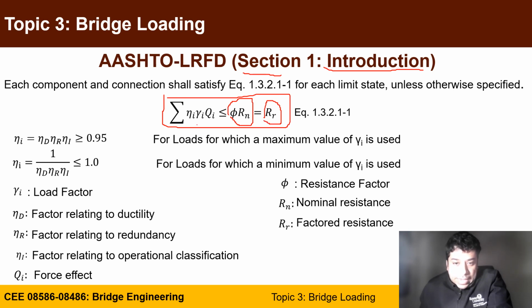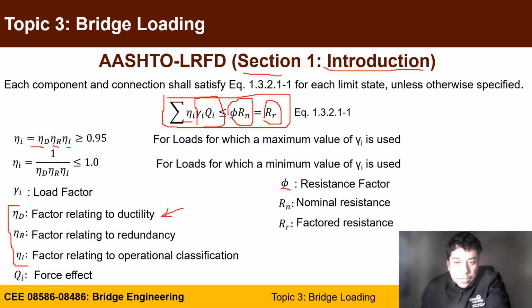We also have gamma Q, which we discussed in a few slides before, but now we have the eta factor, eta I, in addition to this equation. And eta I is a factor that relies on 3 major factors. So eta I is the multiplication of eta D, eta R, eta I: D for ductility, R for redundancy, I for importance, as we are going to see here.